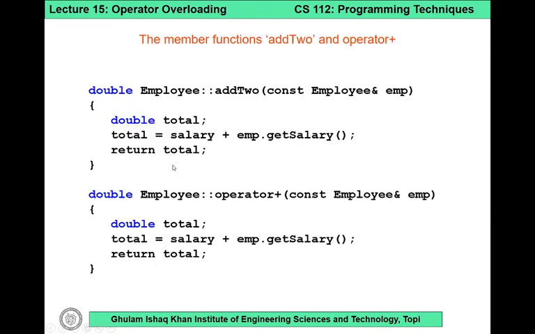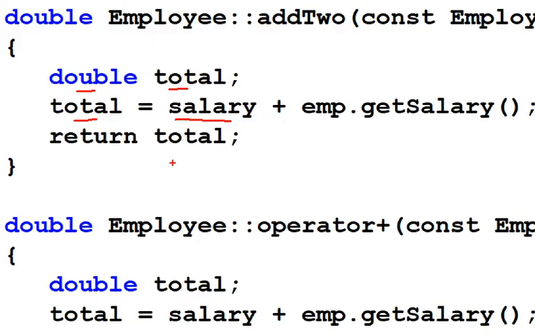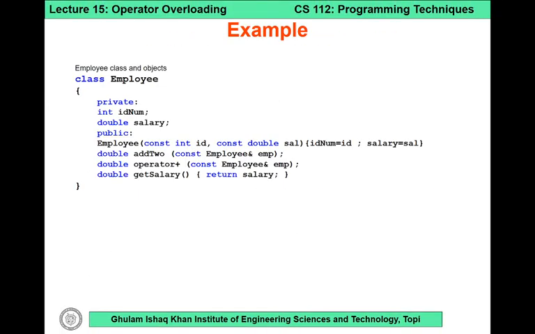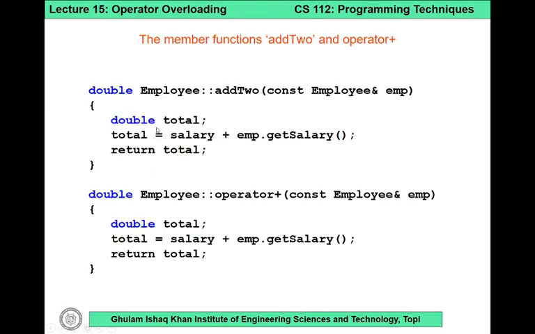Now, if we go to the implementation of this add to function here, it receives an employee. What has it done? It has created a variable of type double, named total. In the total, it assigns the value of salary, which is the salary variable here.